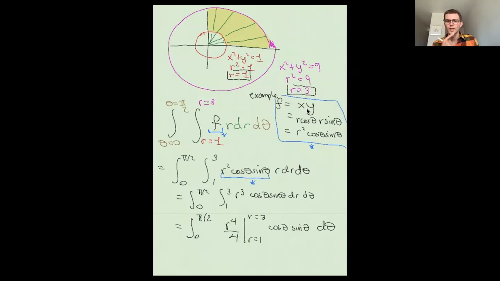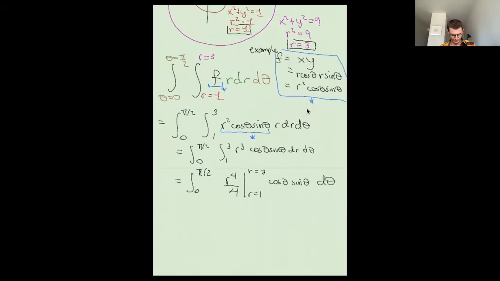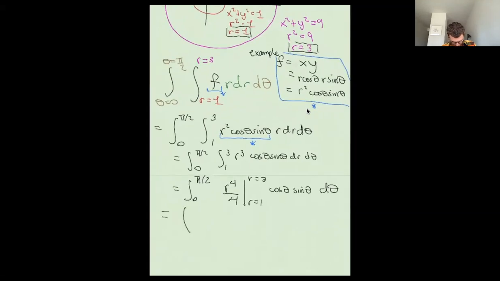Yep. Good. And then what's 3 to the 4? 3, 9, 81... 243? Is that what 3 to the 4 is?